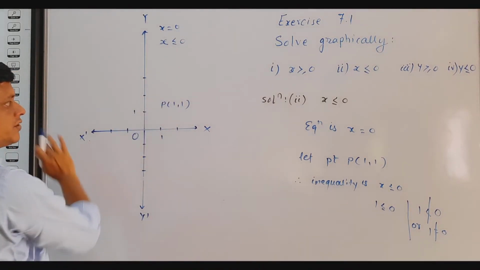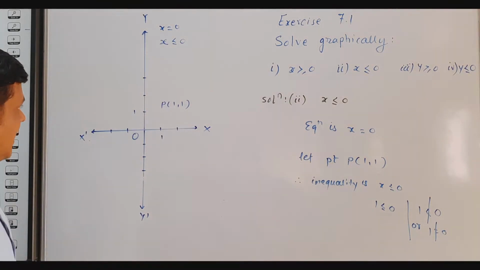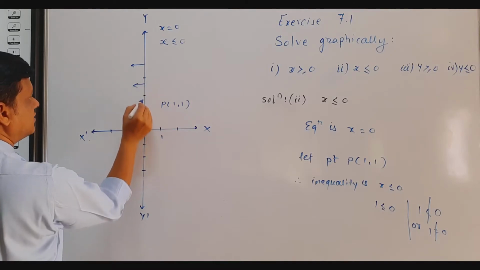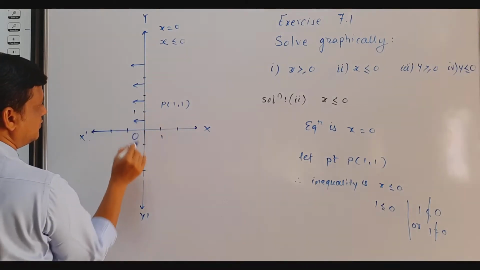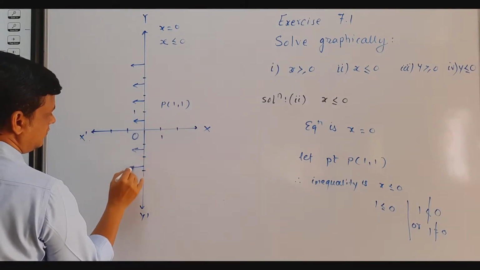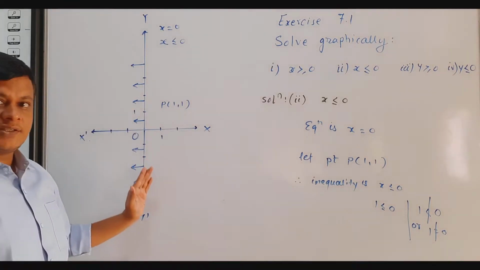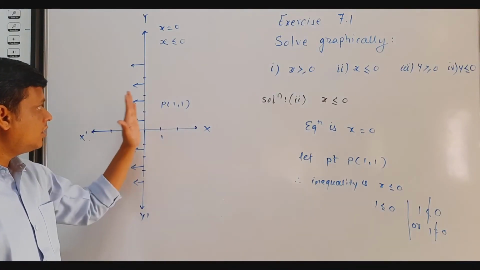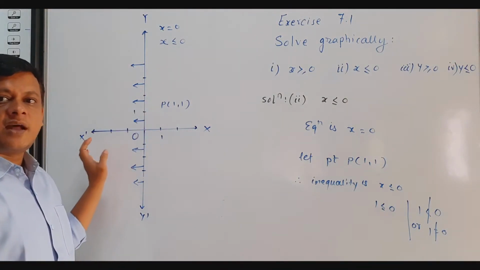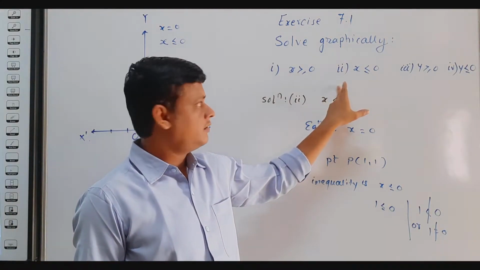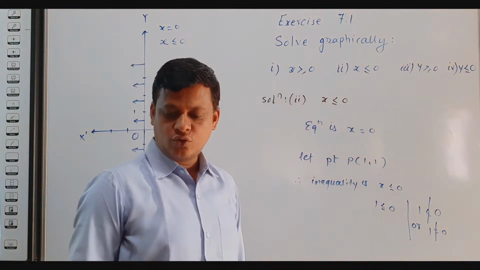So we mark opposite to this point. So we mark here to the left of this y-axis. So this y-axis and the region left of the y-axis is the graphical solution of this second inequality, that is x less or equal to 0.